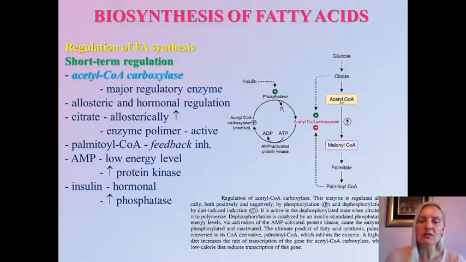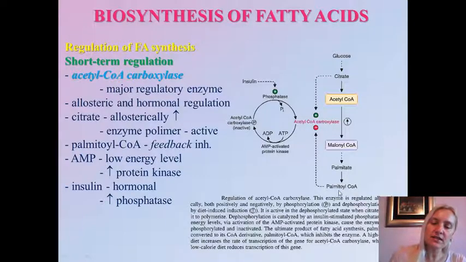We have already mentioned that citrate can be obtained from the degradation of glucose via the Krebs cycle. So if the Krebs cycle is inhibited by a sufficient amount of energy, citrate is going to accumulate, and it's going to be a signal to increase the activity of acetyl coenzyme A carboxylase and fatty acid synthesis.